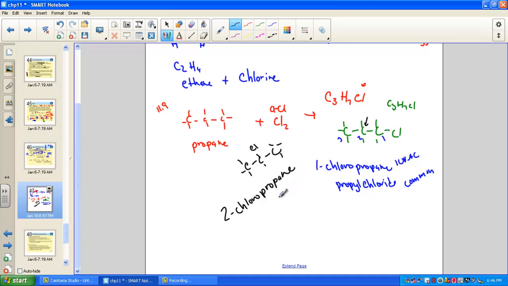Alrighty, 2-chloropropane or 2-propyl chloride. Generally what you're going to end up being asked is the IUPAC name. The common name just lets that halide group become the last name here. 2-propyl chloride says there's a chloride group on a 3-carbon chain.